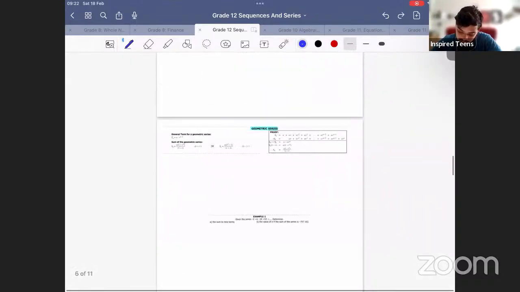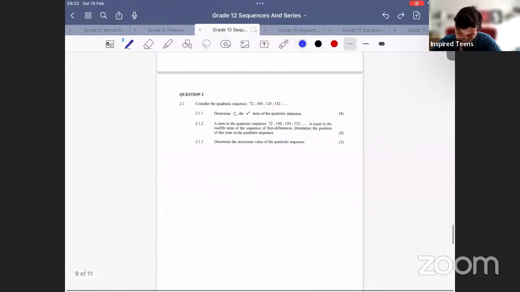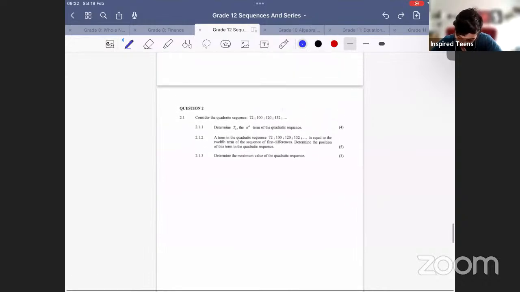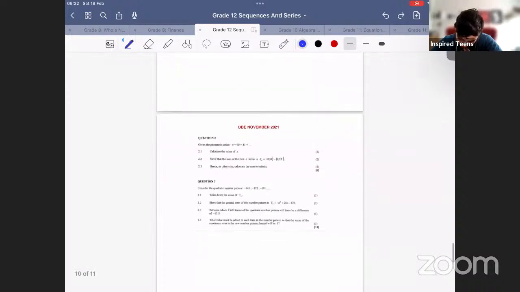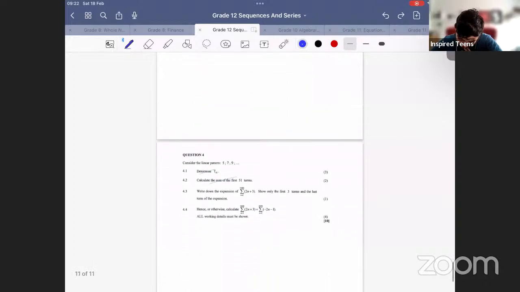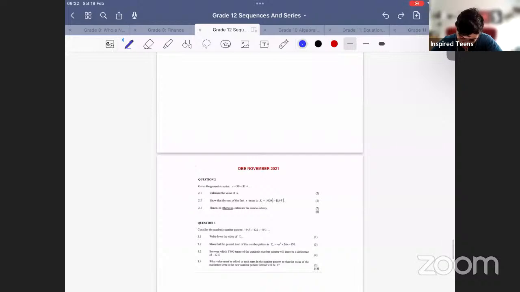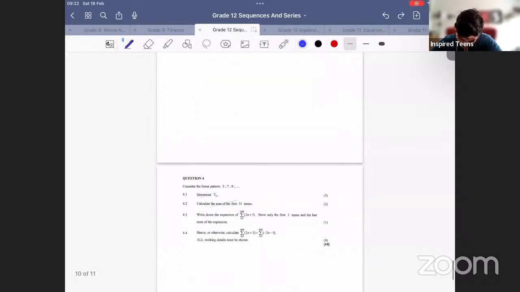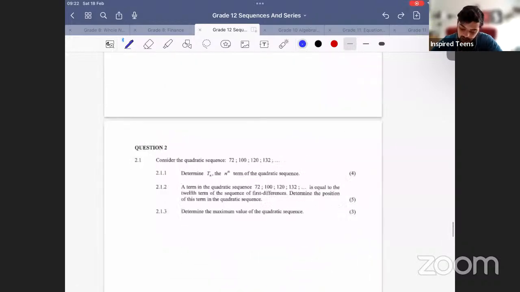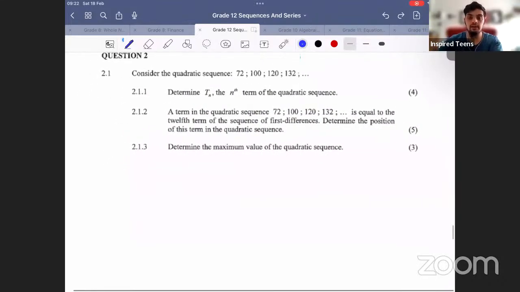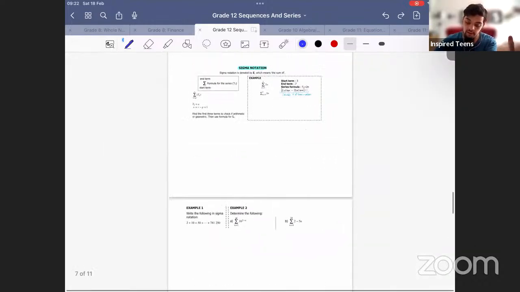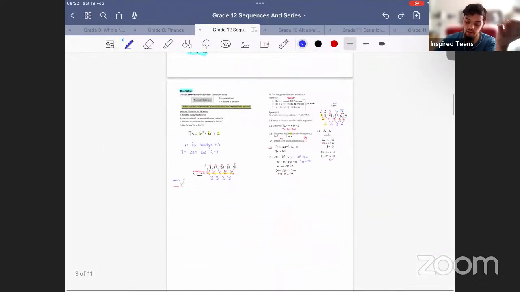Let us look at the examples that we have. Let's have a look at this example just to see how they ask it. How would you write the answer? It depends on the question. That's why we'll do this question to see how they answer it.